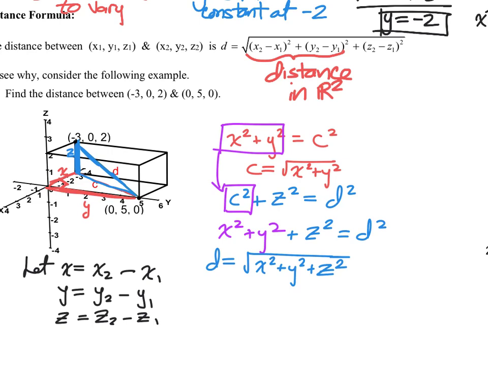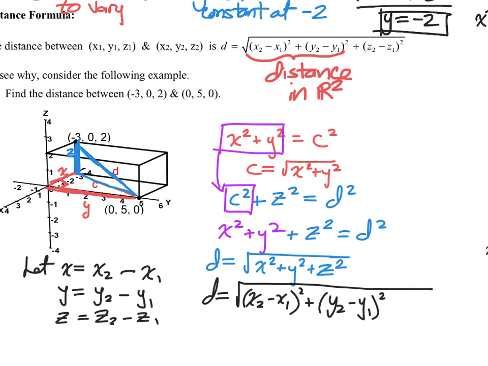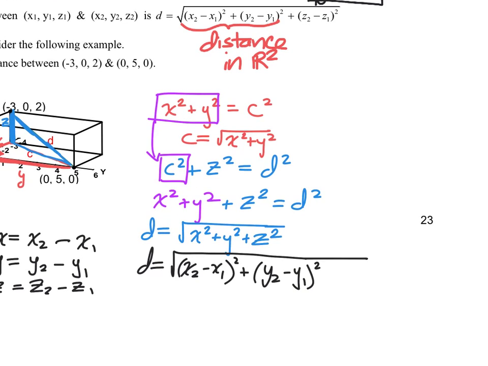All right, so these are the assumed relationships, and then from that, we arrive at our conclusion that the distance has to be equal to x2 minus x1, quantity squared, plus y2 minus y1, same deal, quantity squared, plus z2 minus z1, quantity squared.